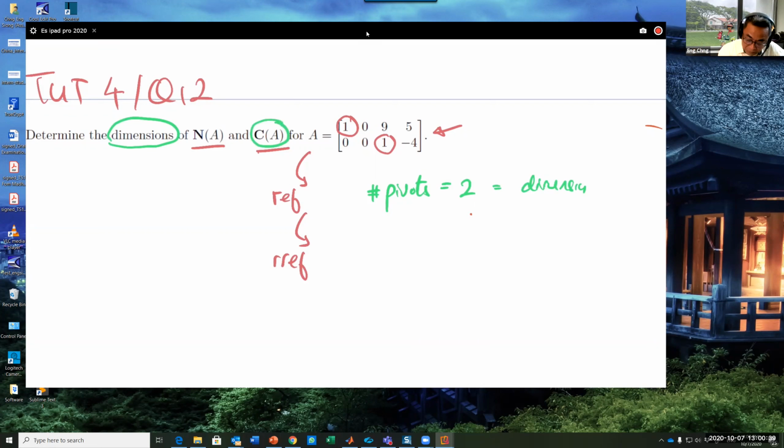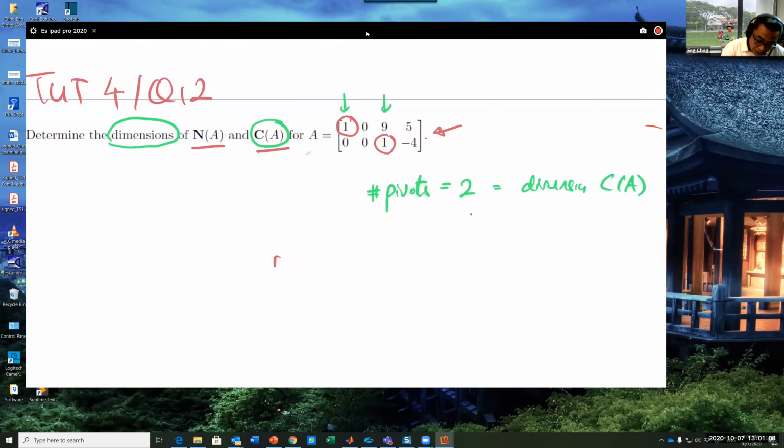So the dimension of the column space has 2 pivots. Sorry, the A matrix, when it reduces, shows there are 2 pivots. Therefore, 2 of the columns are independent. Therefore, the dimension is equal to 2. So that's very easy once you've figured it out.